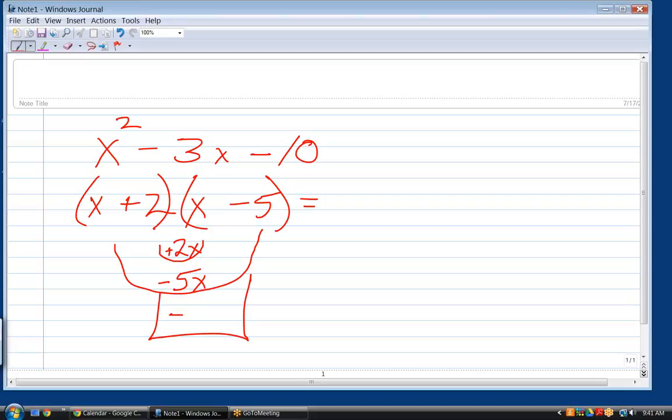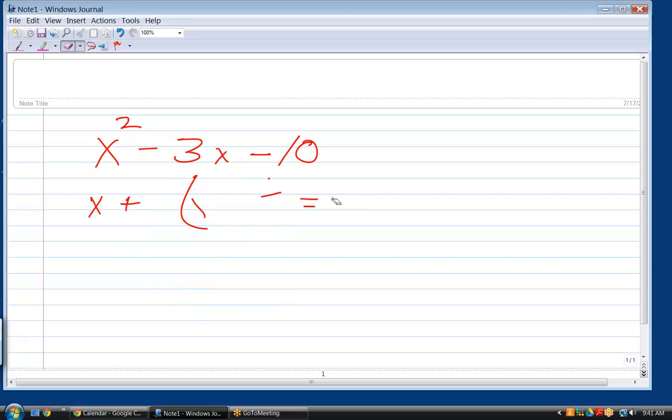It becomes harder. Well, that's what those two add to, and that's our middle term. So I was able to check it much easier than by FOILing the entire thing out. Okay, let's do another one with a negative sign.